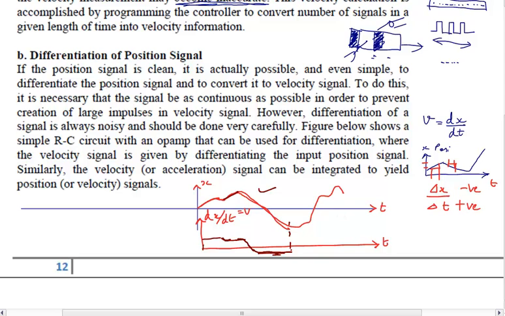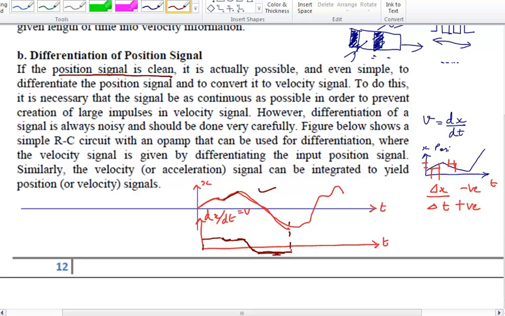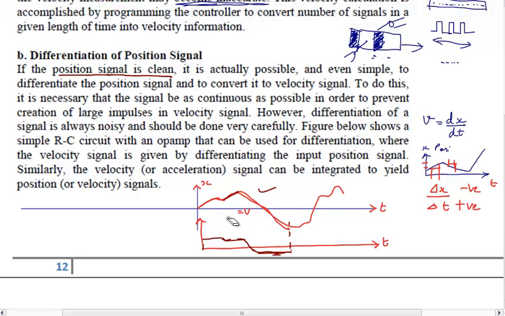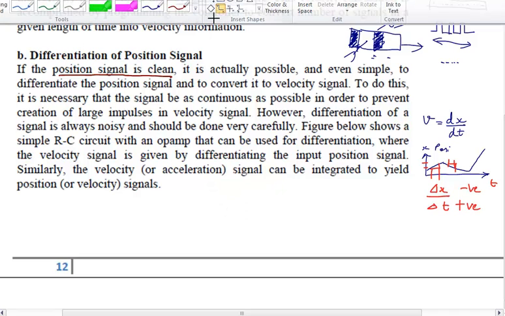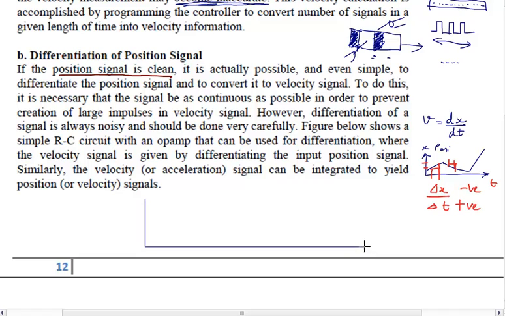But it's very, very important that the position signal is clean. Why am I saying this? For explaining that, let me redraw an axis.